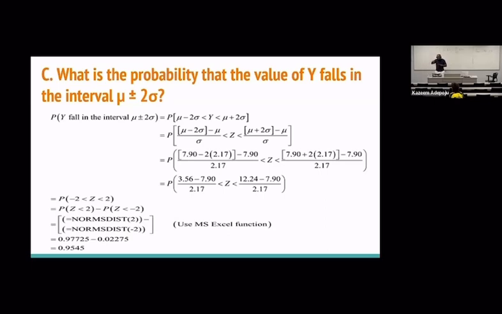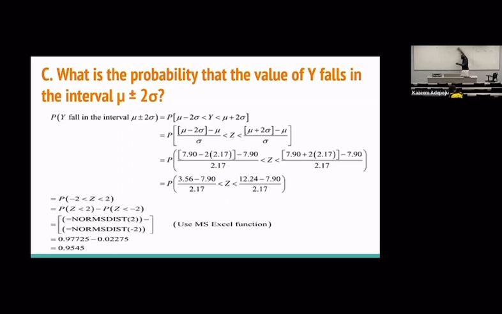The z-score is the variable you are interested in minus the mean, divided by the standard deviation. The variable we're interested in is mu minus 2 sigma and mu plus 2 sigma. And what is the mean? The natural one. That was why we say minus mu. So Z is the random variable minus mu over sigma.